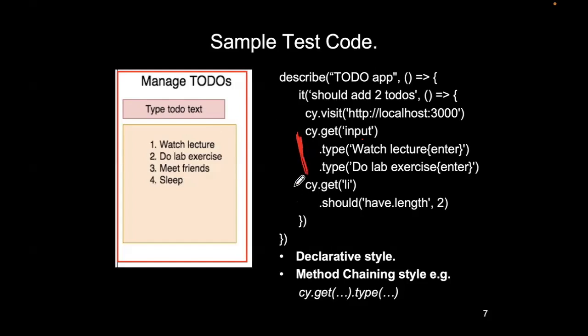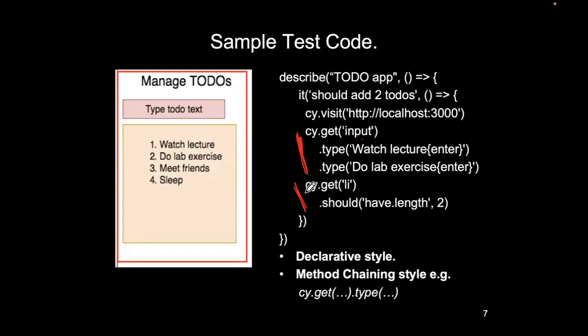So the next Cypress statement, what is it doing? It's first of all looking for li elements on the page. Assuming the way I've implemented this, this is an unordered list, in other words a UL list that has li elements within it. Sorry, it's an ordered list, I should say, with li elements within it.